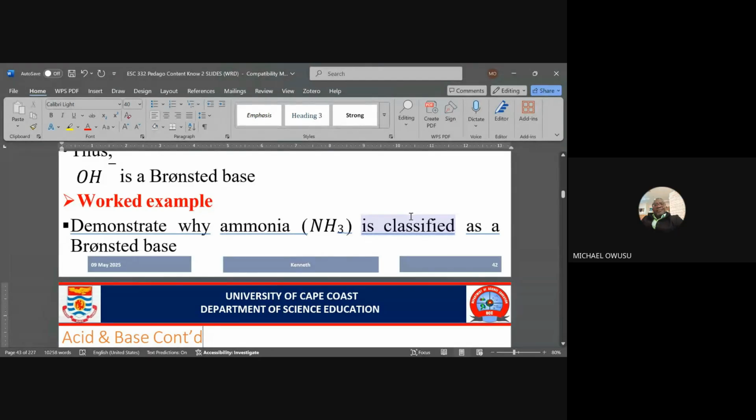Think about it, all of you, and share. Before you can explain, you have to know what a Bronsted-Lowry base is about.